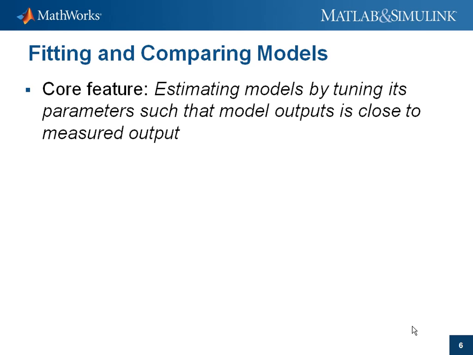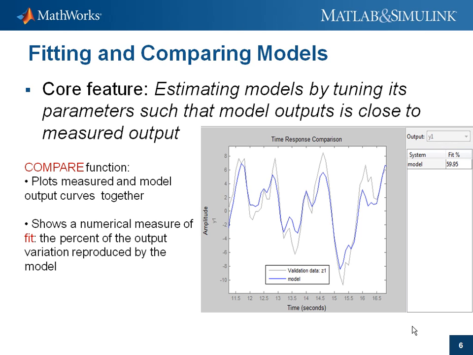We can inspect the success of a given model by plotting and comparing these two curves. We see here as the gray curve the true measured output, while the blue curve is the model's response. A numerical measure of fit can compute it as a percentage of the measured output variation that is reproduced by the model. This particular plot shows a fit of about 60%.